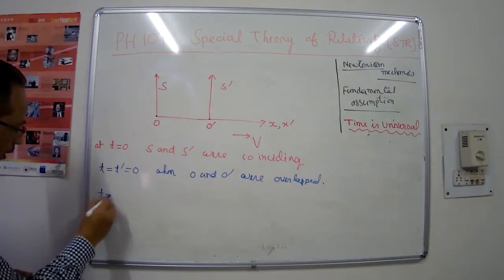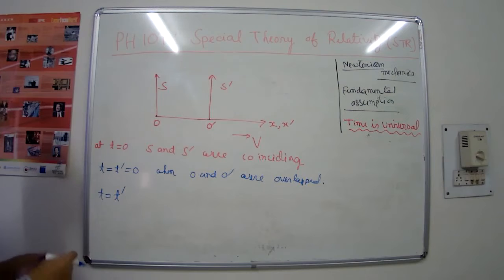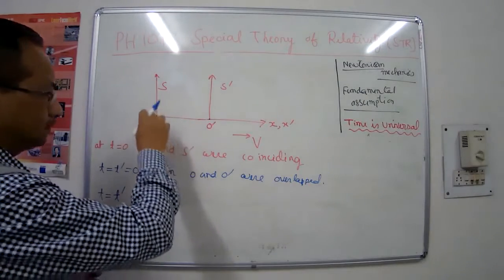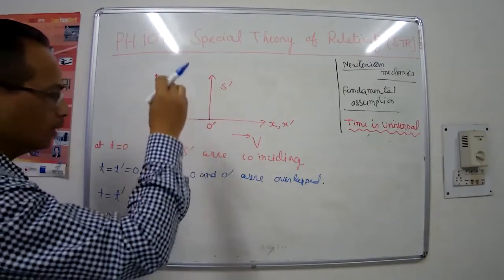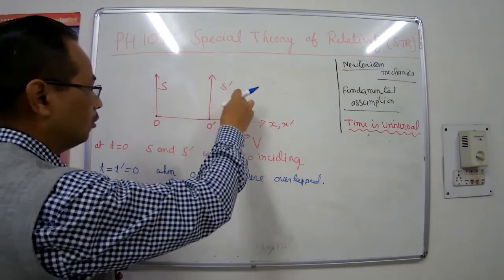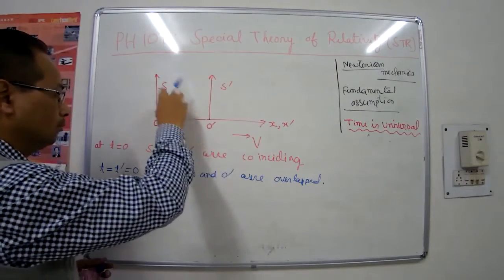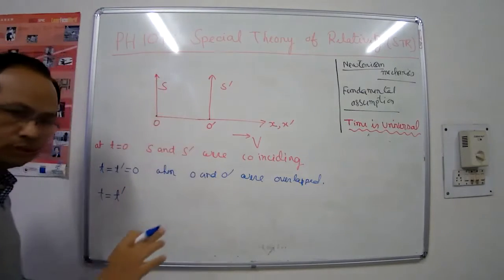Even then, t will remain equal to t prime. It doesn't matter at what time an observation is made, as far as the two frames are concerned, it is the same time. Whether you consider the clock of the observer on frame S prime or the clock in frame S, the time is going to be the same.